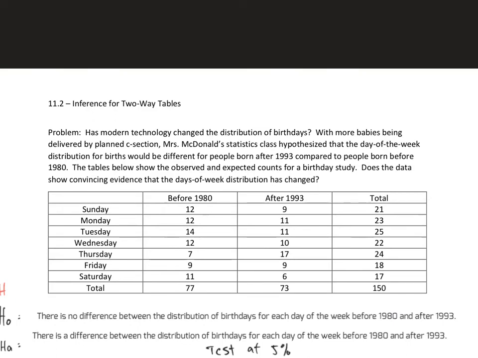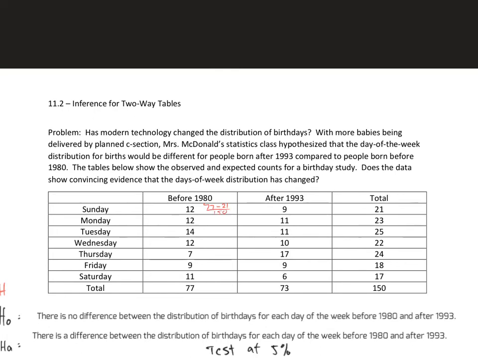So just to recall, remember that this is 21 minus 77 divided by 150. But you can't have a negative value, so we're going to change these to be positive. So that's why I'm going to do 77 minus 21, all over the table total of 150.